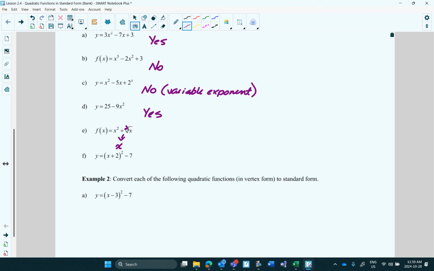X squared and square root x are very different. X to the 1/2. I know, that was over a year ago. Don't expect you to remember that. So that means no, because we can't have fraction exponents, and this one does.